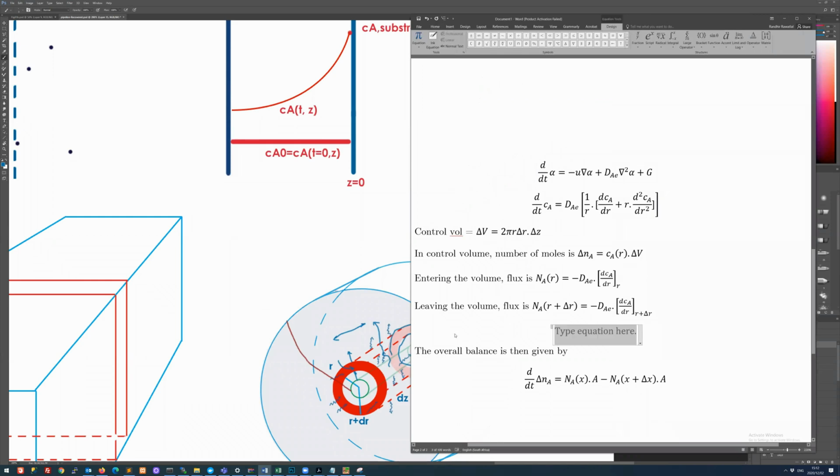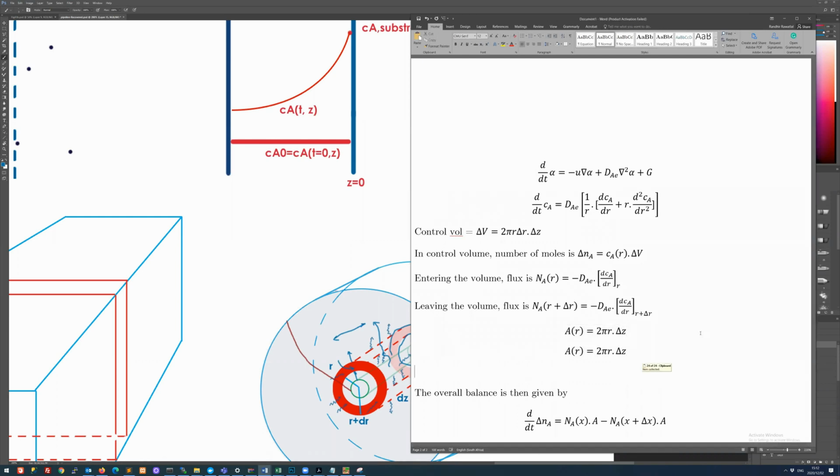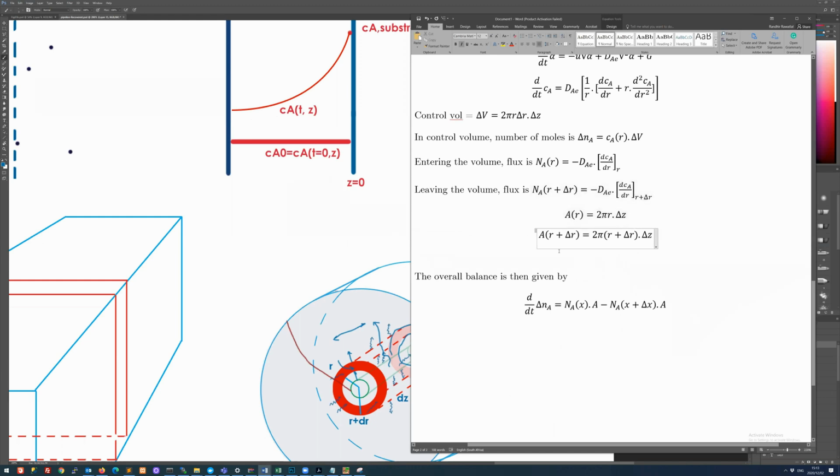So the area as a function of R position is going to be the circumference 2 pi R times the distance delta Z, and the area at R plus delta R is 2 pi times R plus delta R times delta Z. Okay, so those are your areas.